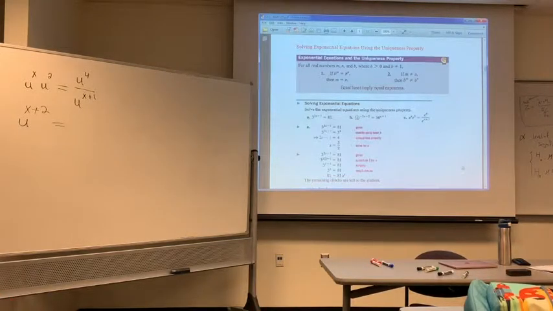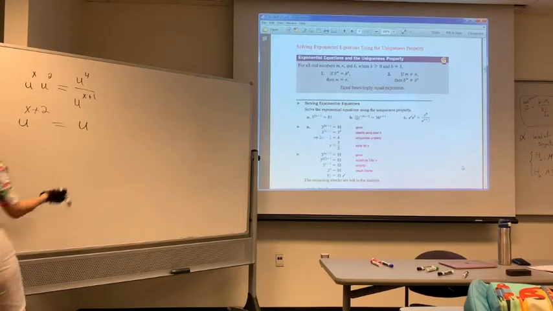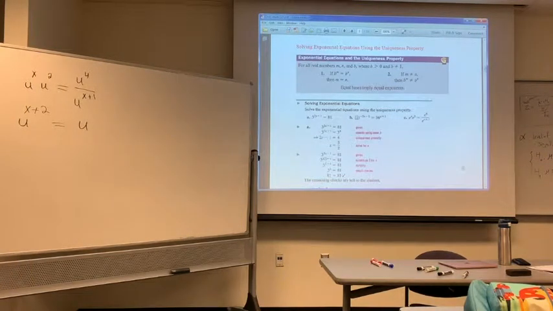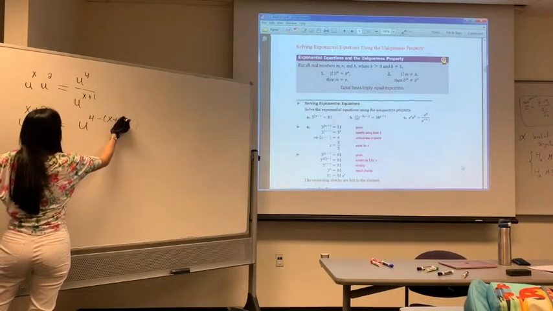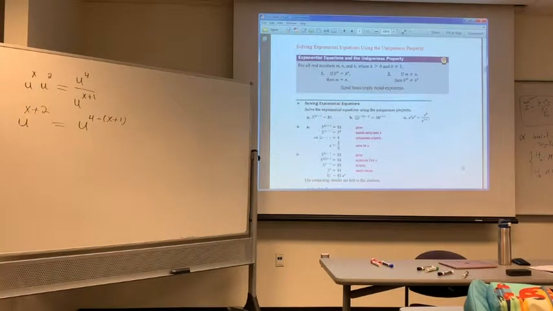And then on the other side, you have a division. The bases are the same. We can write down one base, and what happens to the power? Subtract, exactly. We can write down 4 minus x plus 1, right? Is this correct?